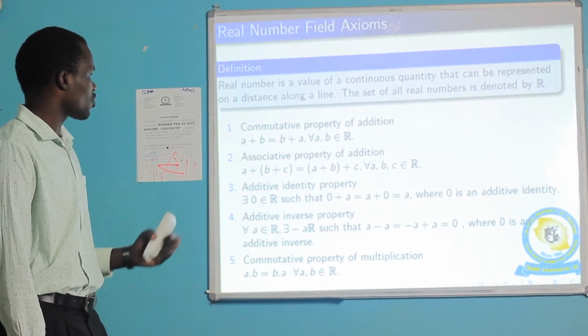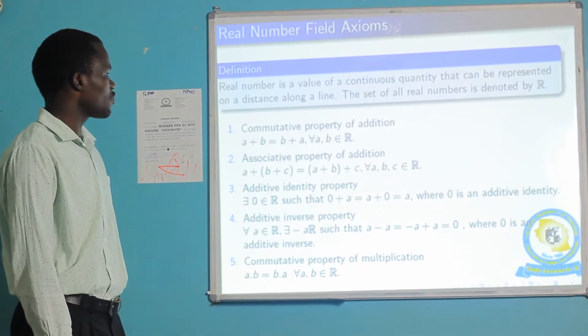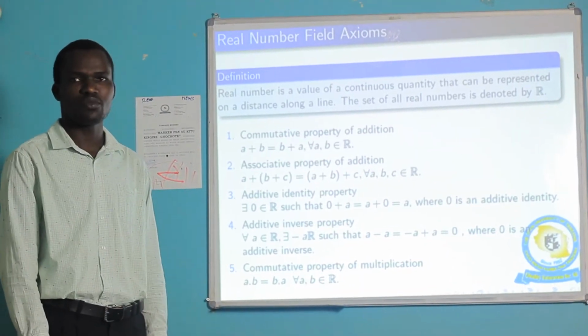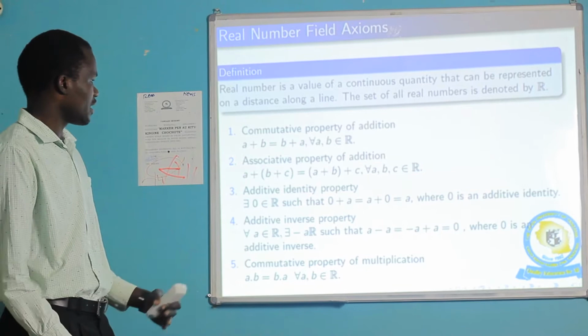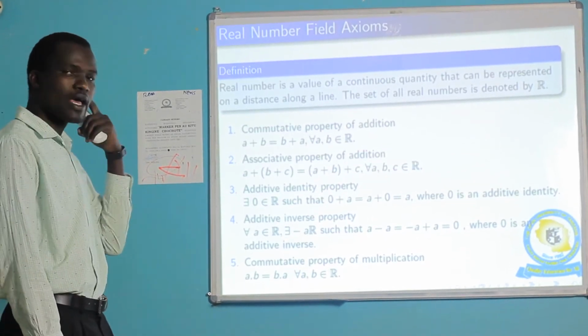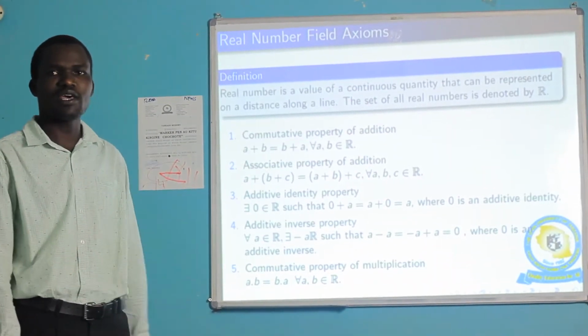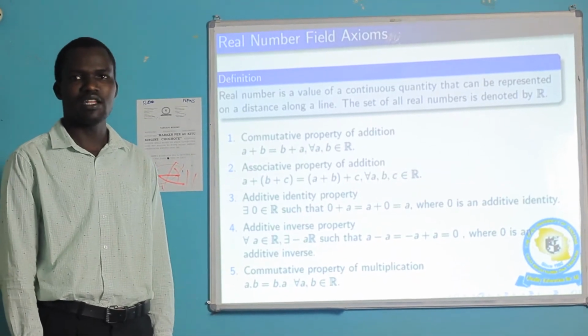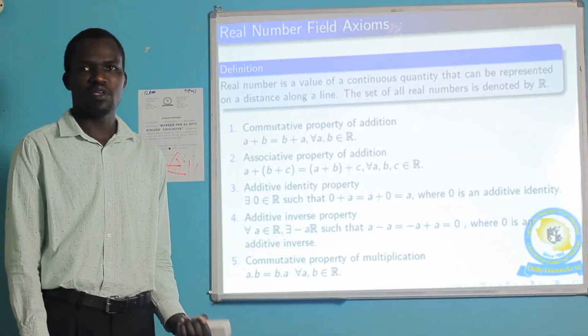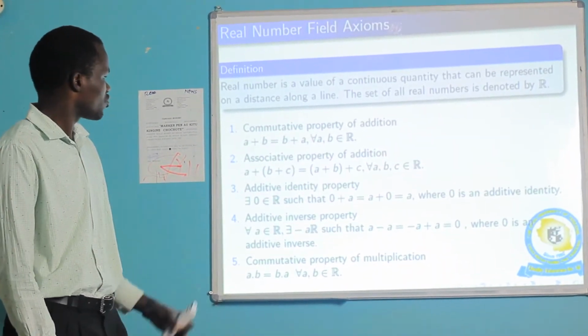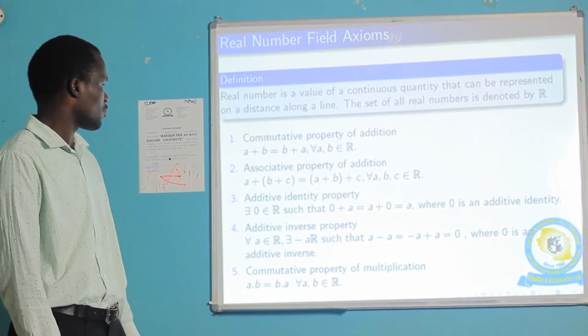So the first axiom here is the commutative property of addition. Let's say we have 2 real numbers, A and B. If you take A plus B, this is equal to B plus A. If it's obeyed, that property is called the commutative property.